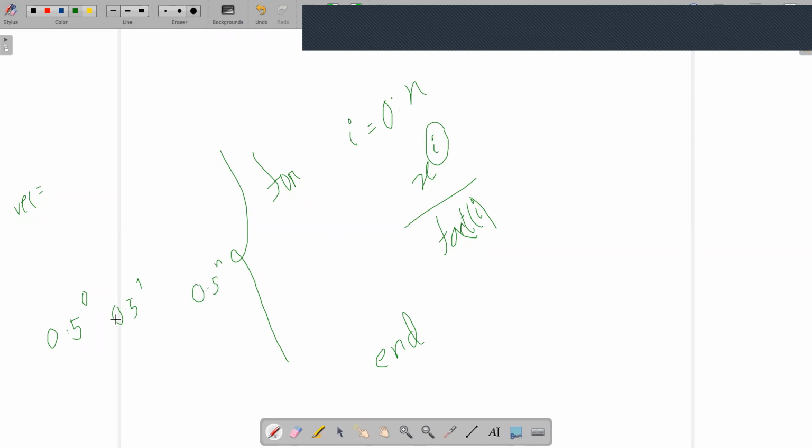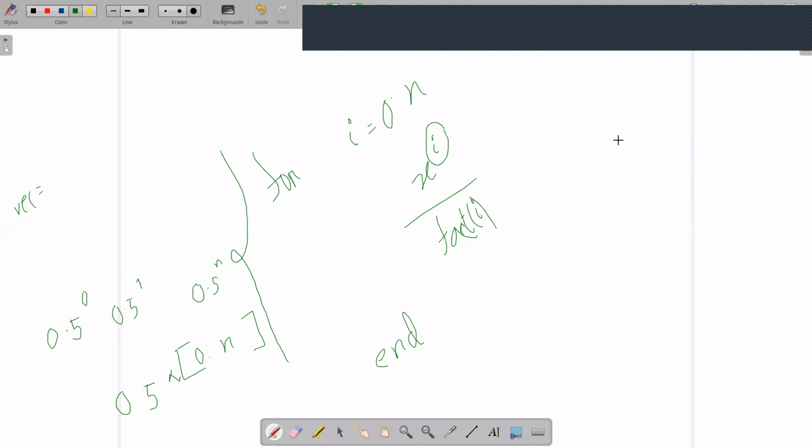So I'm doing this power operation one at a time, but what you can do here is give this power operation a vector from 0 to n. So instead of doing it one by one, again and again, I can perform the power operation all at a time. Then the factorial is the same.